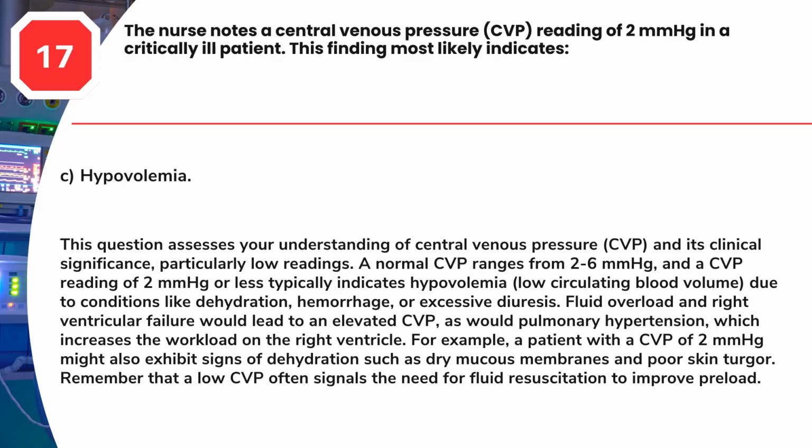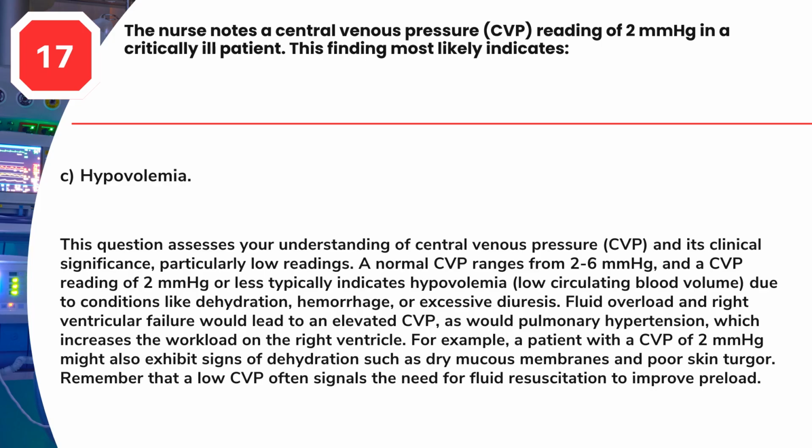Answer C. Hypovolemia. This question assesses your understanding of central venous pressure, CVP, and its clinical significance, particularly low readings. A normal CVP ranges from 2 to 6 mmHg, and a CVP reading of 2 mmHg or less typically indicates hypovolemia, low circulating blood volume, due to conditions like dehydration, hemorrhage, or excessive diuresis.